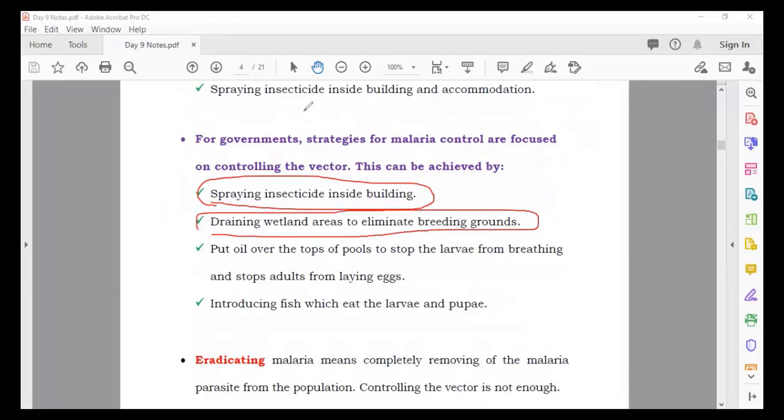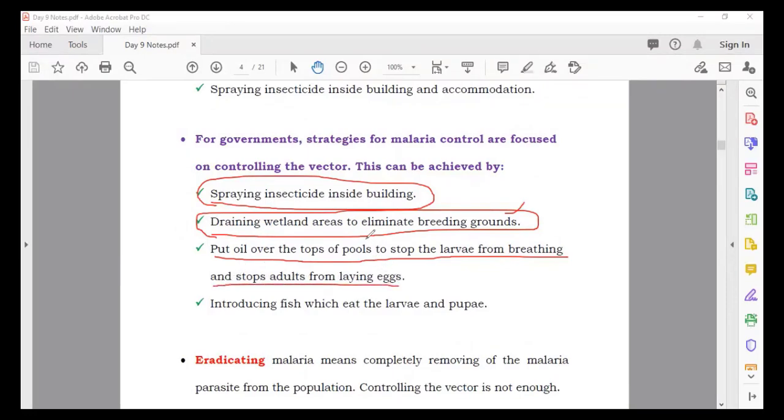You know that water, as we discussed, is a good habitat for the reproduction and growth of mosquitoes. So whenever they find a wetland, or water gathered in a place which can cause the breeding of mosquitoes, they should remove that water, or they should spray over it. Put an oil layer on top of the pool to stop the larvae from breathing and stop adults from laying eggs.